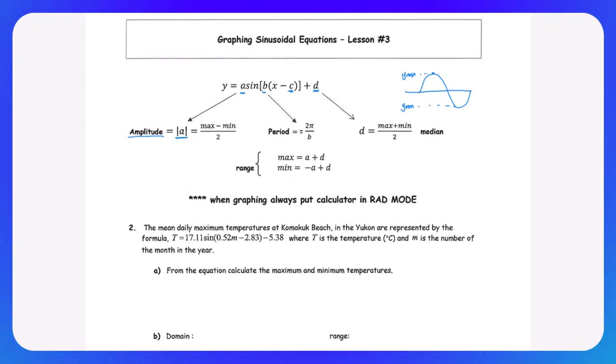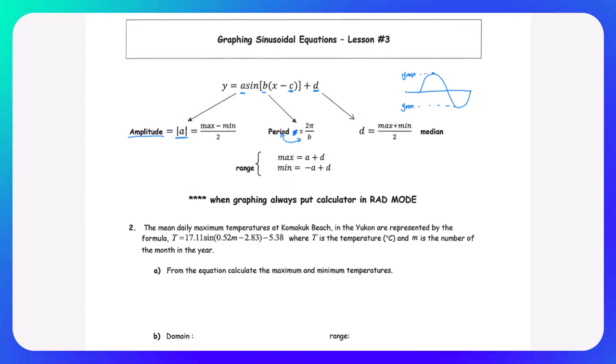The other thing that we learned about was the period, and we discovered that the period equals 2 pi over the b value of the equation. We also figured out that we can switch these around to determine the b value from the period.